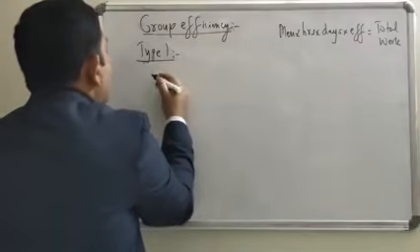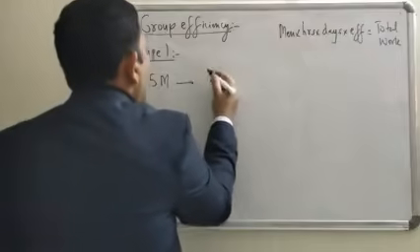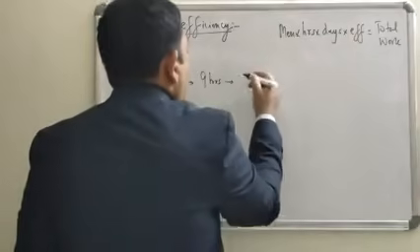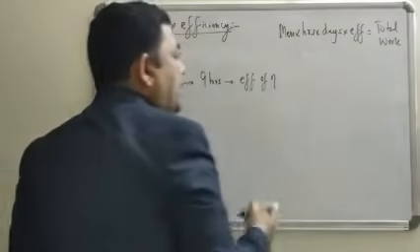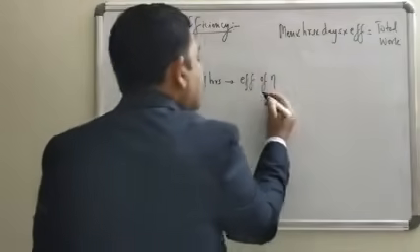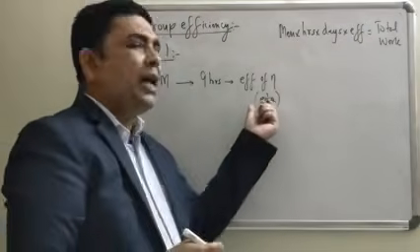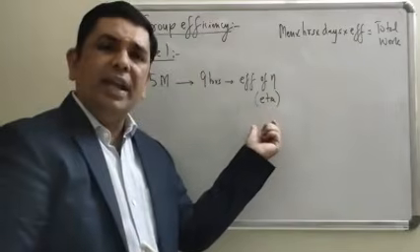What is the question? 15 men working for 9 hours every day at an efficiency of say eta. For people from a science background, you would know that efficiency is represented by this Greek alphabet called eta.